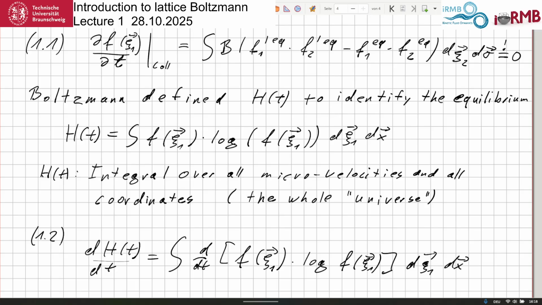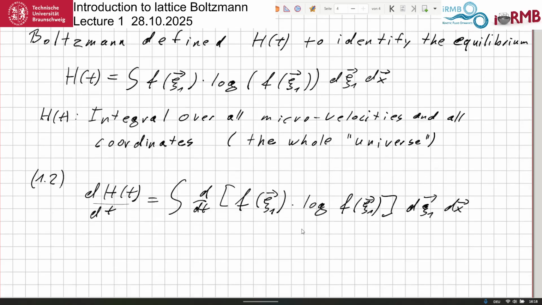What we are going to do now is use the chain rule to express this. So we have this integral, and we apply the product rule on this.